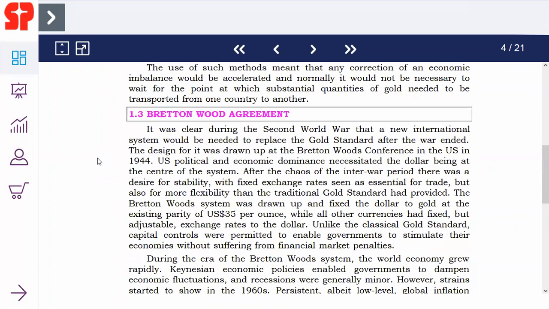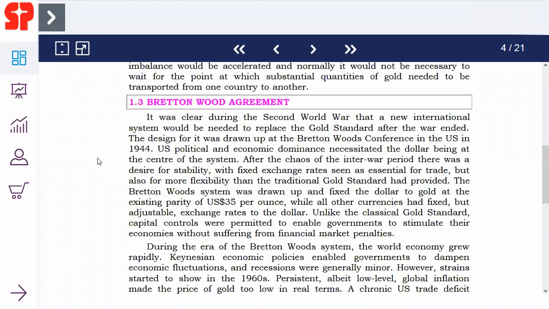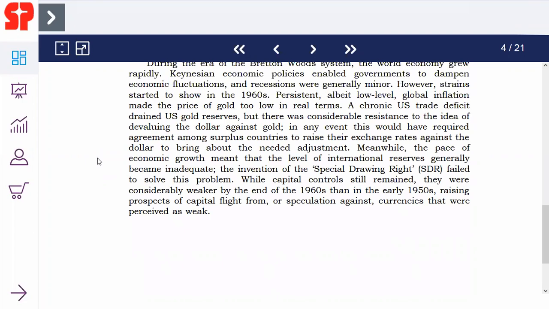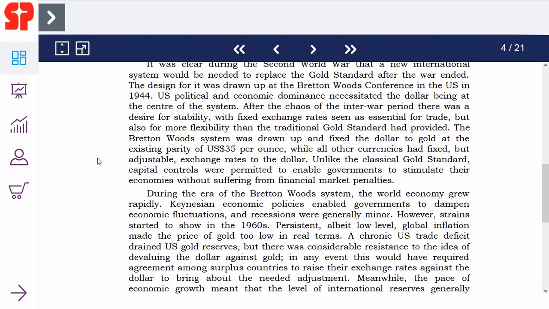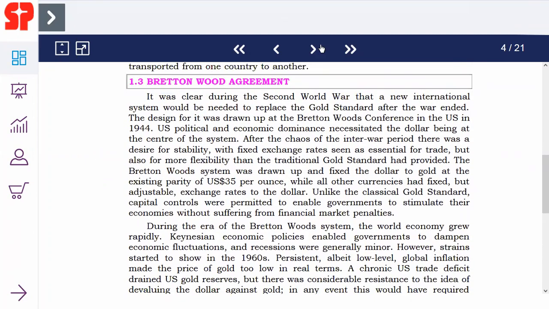So now we understood that the gold standard was prevalent only till 1914. After that, this system was abolished by the countries, and nowadays it is not followed by any country.